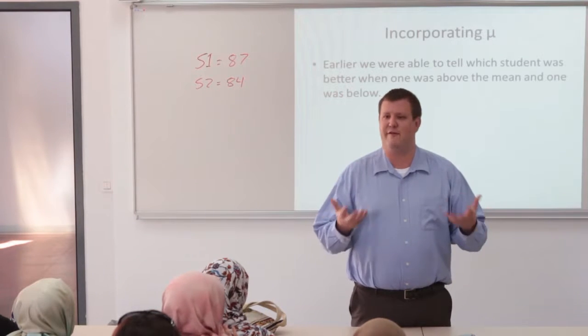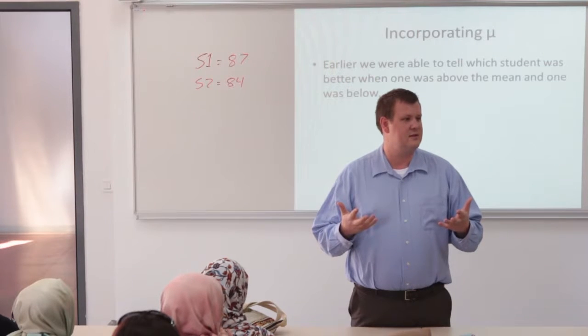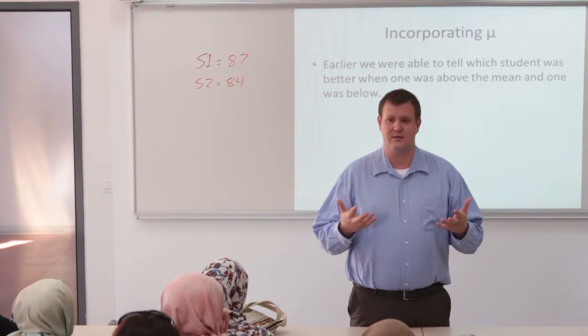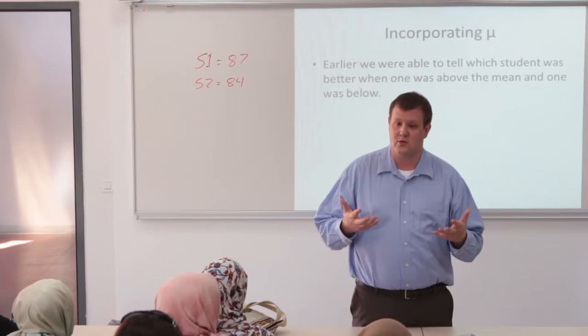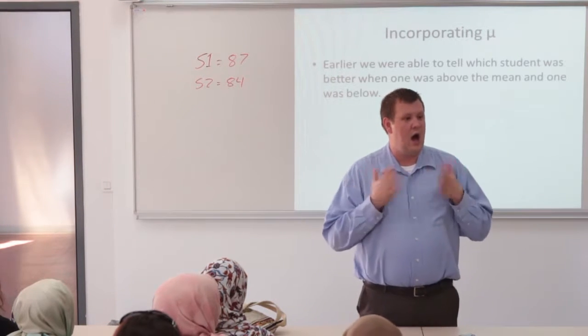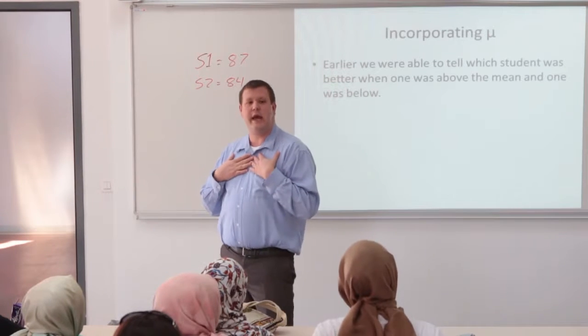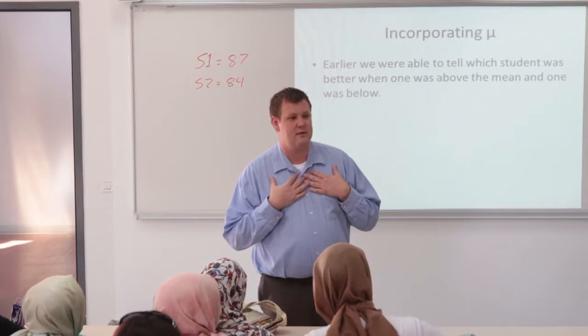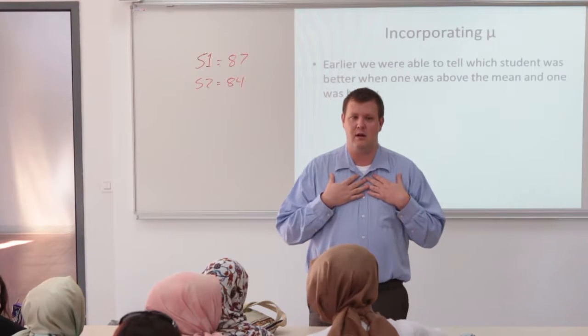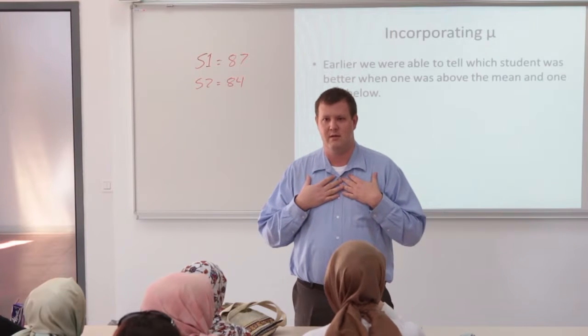Let's make a formula that will give us the answer. So, I ate 20 eggs, and the mean is 18 eggs. Am I better or worse than the mean? Better. I'm better than the mean.